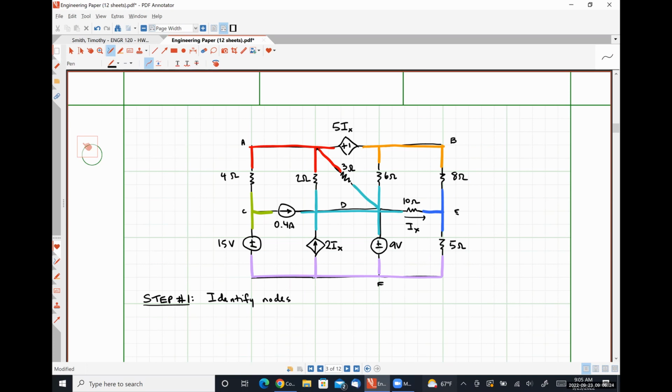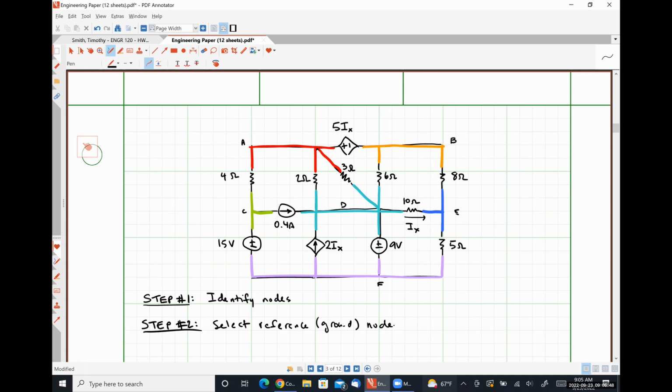So before, when we were talking, step number 2, let's go ahead and write that down real quick, is to select our reference or ground node.